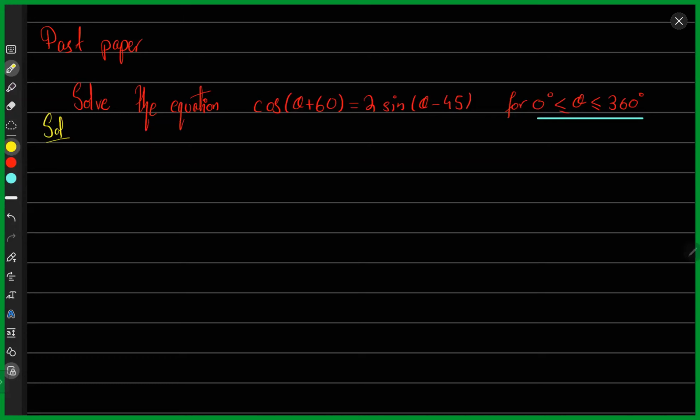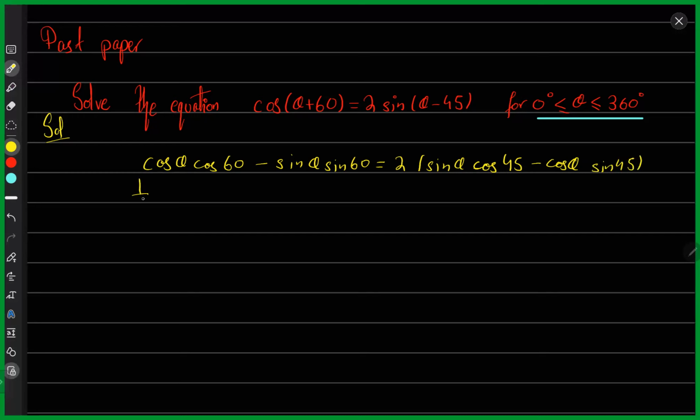The left side would basically be cos theta into cos 60 minus sine theta into sine 60, that is equal to 2 sine theta cos 45 minus cos theta sine 45.